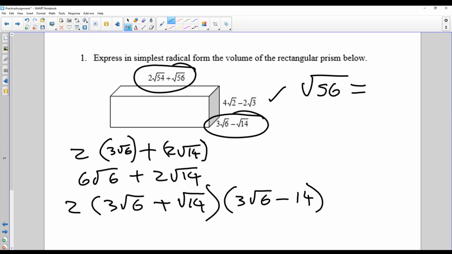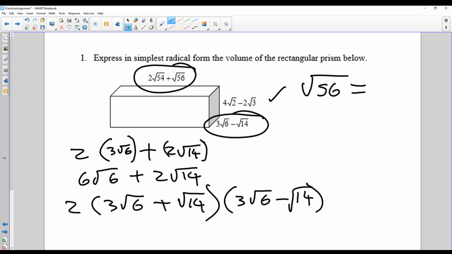Now look at this. 2 times 3 root 6 plus root 14, 3 root 6 minus root 14, sorry. When you see this, what starts to click in your head right now? What are you thinking to yourself when you see that? Yes. That's a plus b, a minus b right there.